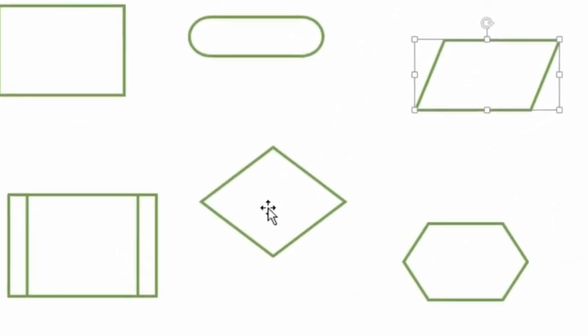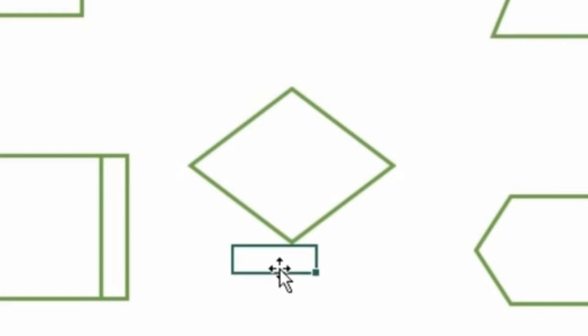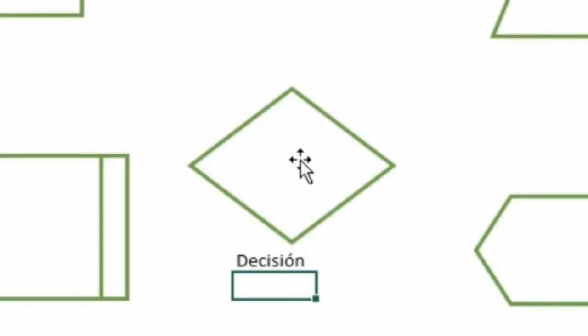Another important symbol is this one right here. This symbol is used when you need to make a decision. Whenever there is a point in the process where you have to make a decision about something, you need to use this symbol. It is important to know that each time you use this symbol, you must ask a closed-ended question.